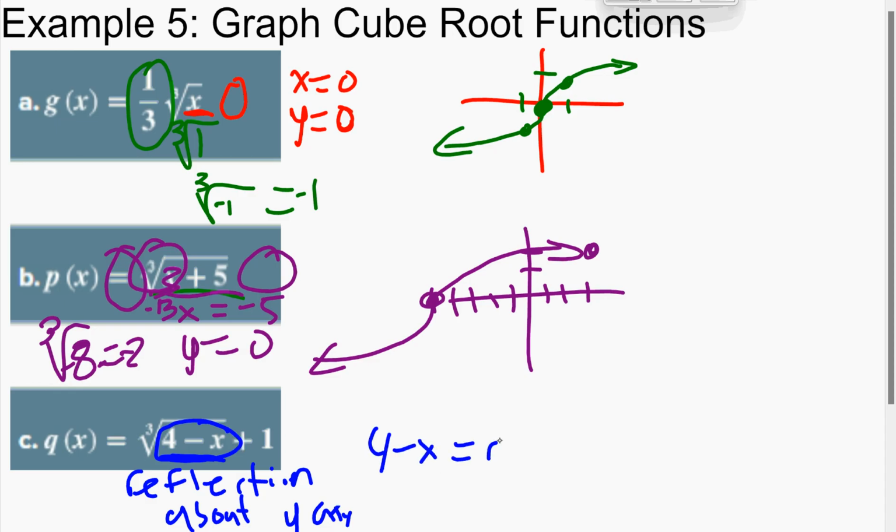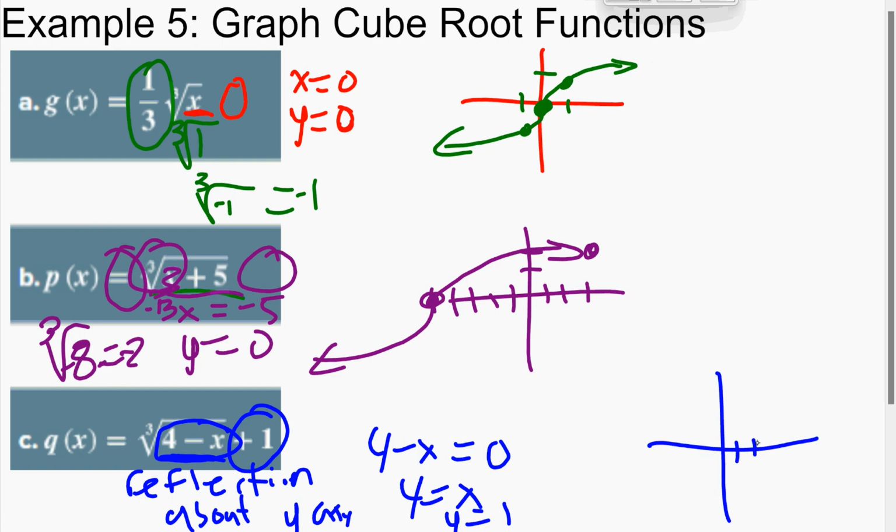And notice that this one, I would add x to both sides to get x equals 4. And then I have a +1 out here, so that's my y value. So I graph that. So that 1, 2, 3, 4, and then a +1. So normally I would go this way, but because that negative inside here is actually going to reflect it about the y-axis, so actually 1, 2, 3, 4, and then it's actually going to go this way and then down this way.